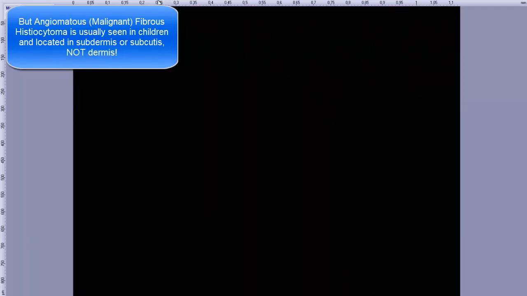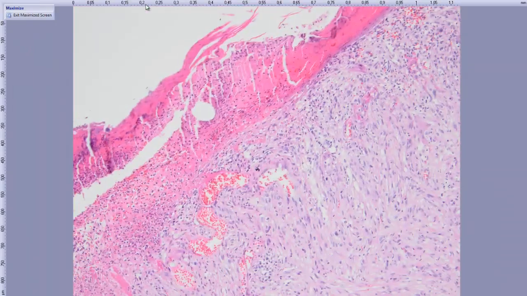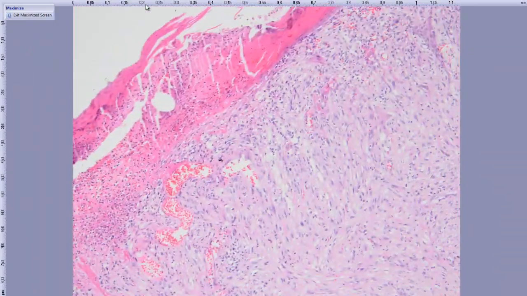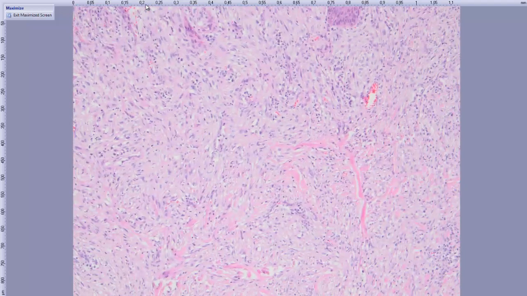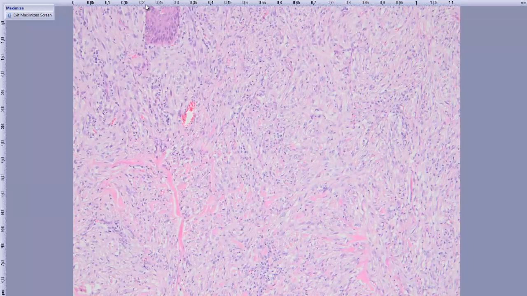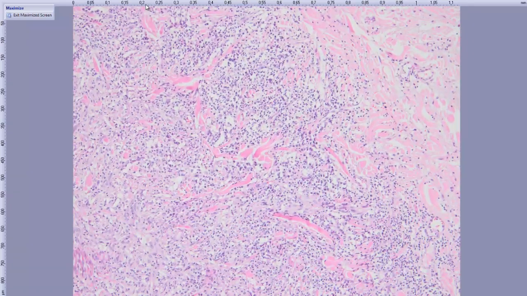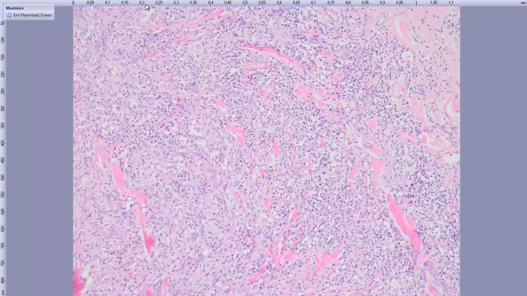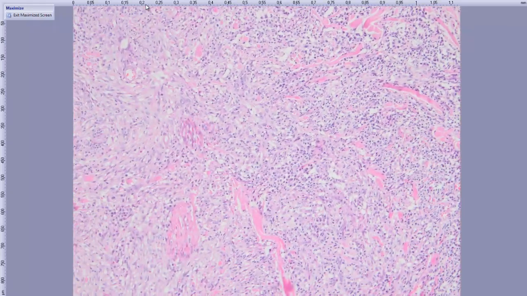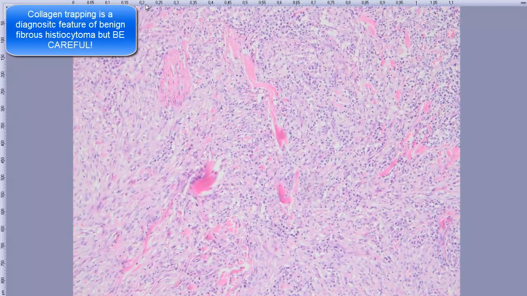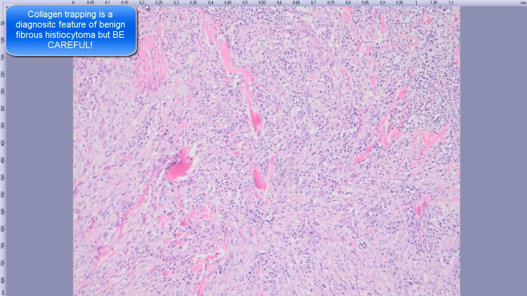But when we come to higher magnification, let's start from the upper part, and here is the ulcerated area, and we see that these cells have a spindle morphology, and this is just the border of the lesion, and we have this collagen trapping of the lesion that reminds us of benign fibrous histiocytoma.